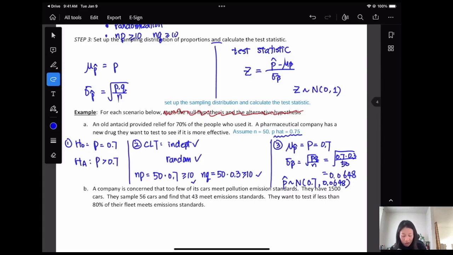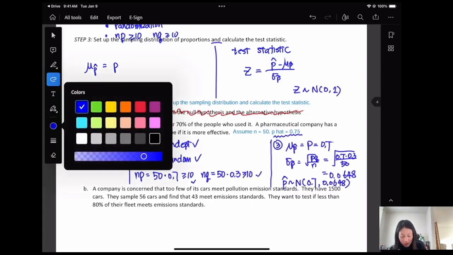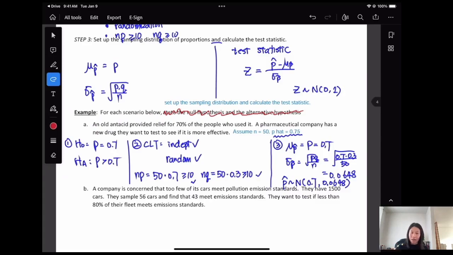Okay, the second method we want to use is the z-score, which is the test statistic. So the z-score equals p hat minus mu p hat over sigma p hat.